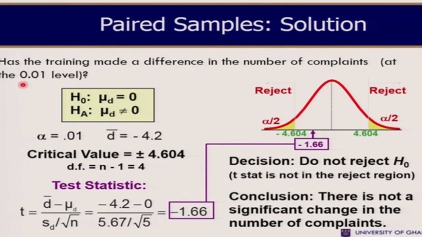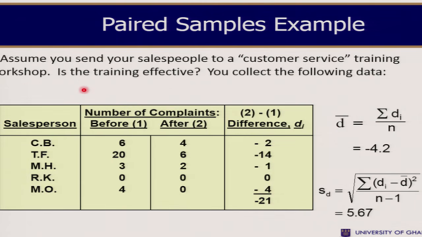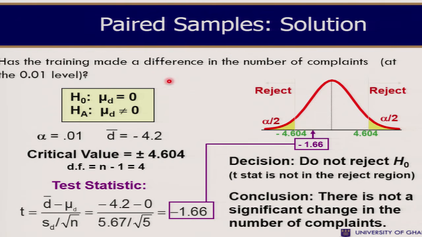We want to find out whether the training made a difference in the number of complaints. We are not saying that we want to find out whether the training reduced the number of complaints, or whether it increased them.